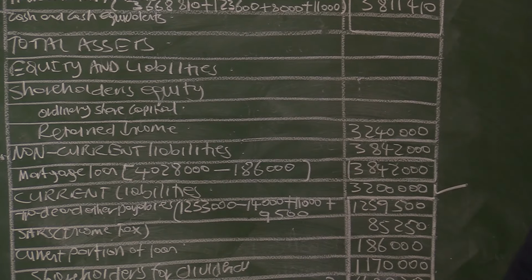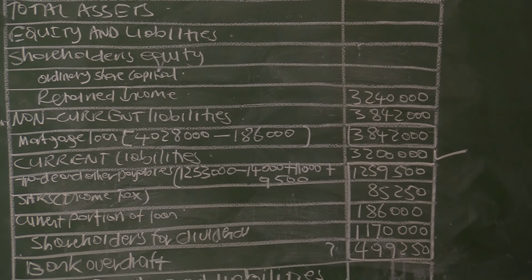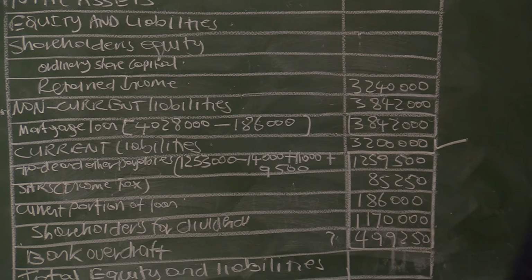That's 499,250, which is our bank overdraft.